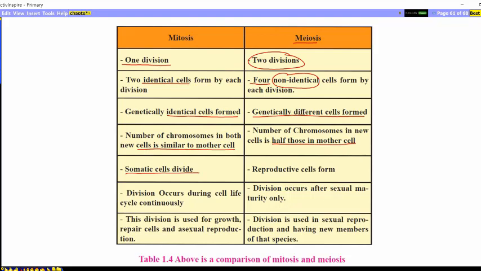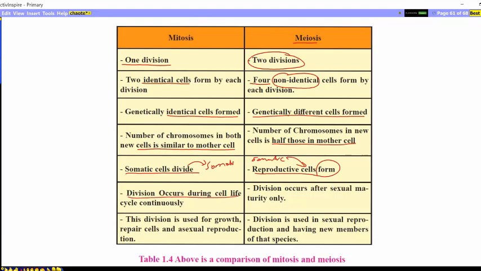But in meiosis, reproductive cells are formed, not divided; they form by meiosis. Somatic cells divide to form somatic cells in mitosis, but somatic cells divide to form reproductive cells in meiosis.